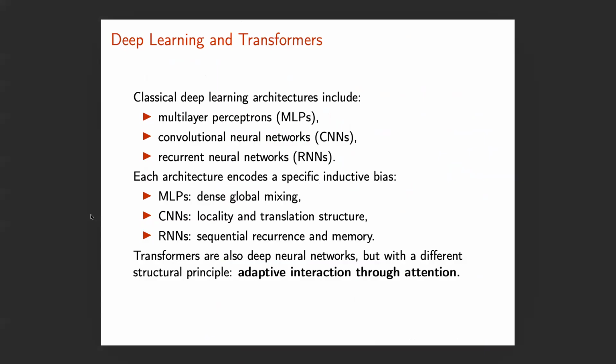Feed-forward neural networks often deal with a dense global mixing, where you use dense matrices multiplied with the inputs and you propagate that. So you start with the input, and the input properties are propagated through the network. We would call that a kind of global mixing.